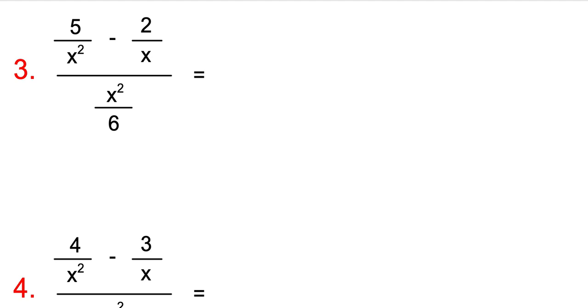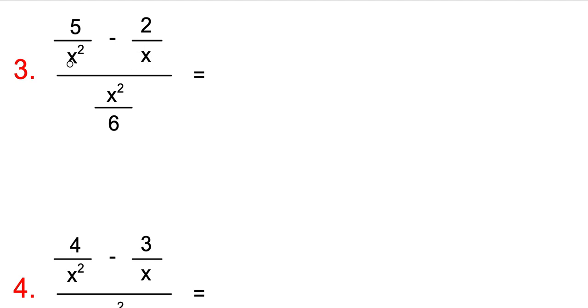All right, so now this is the second type of example I was talking about where you have to simplify in the top, and then if we need to simplify in the bottom, we can, but then we'll have to flip the bottom just like we did before. So step 1 is to simplify the numerator. And now we're back to how do we get common denominators? We got an x squared there and an x here. How do we get that common denominator?